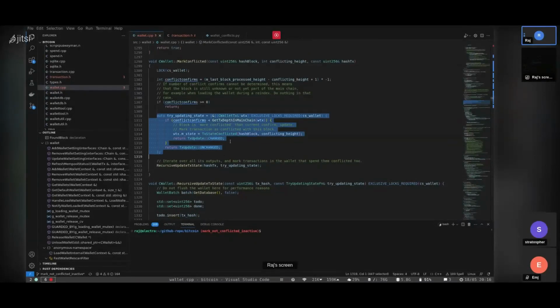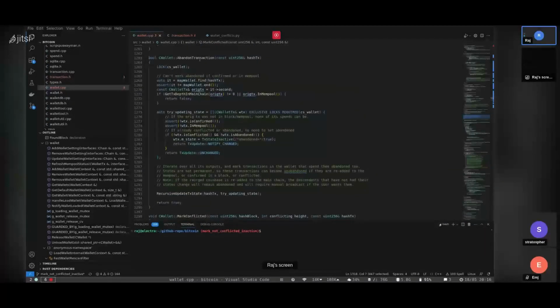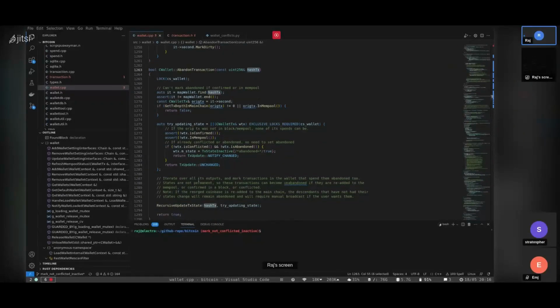There is one lambda for mark conflicted: given a transaction, mark this transaction and all its child transactions conflicted. And this one abandons a transaction: given a transaction, abandon it and abandon all its child transactions too.